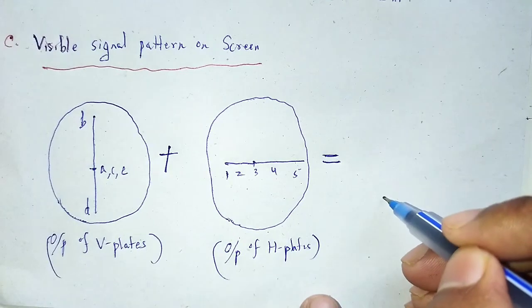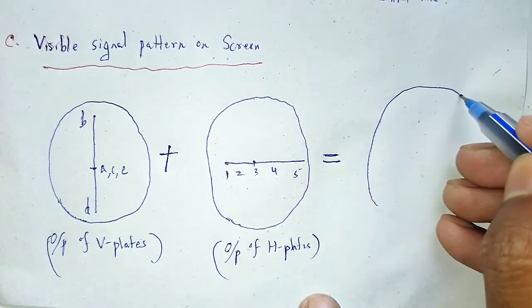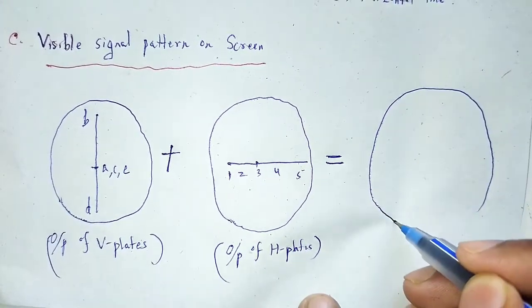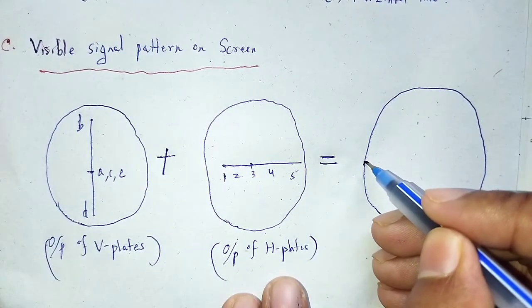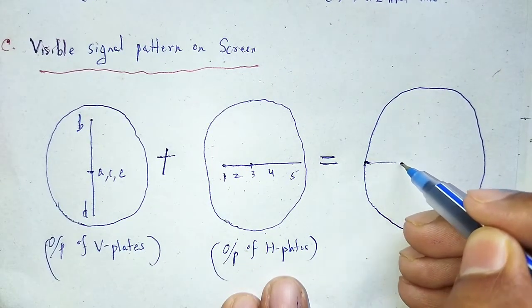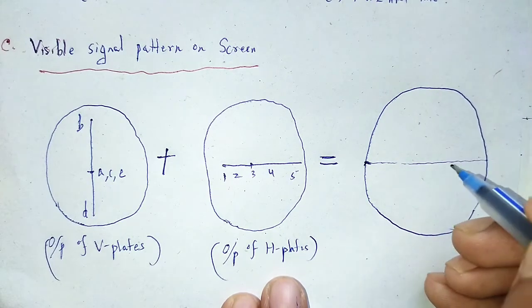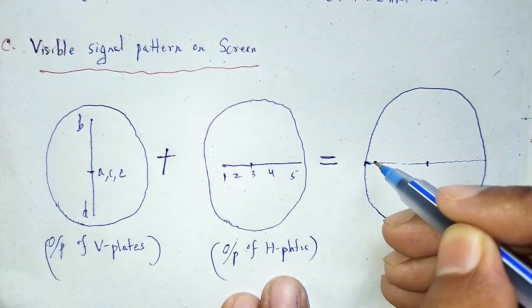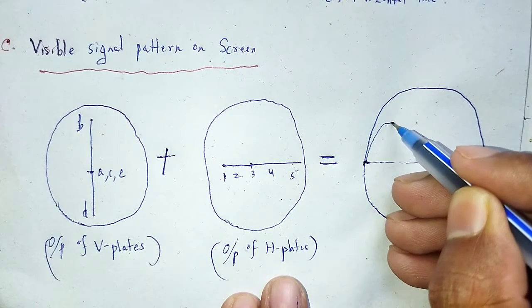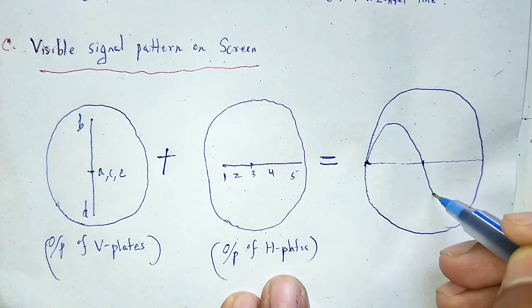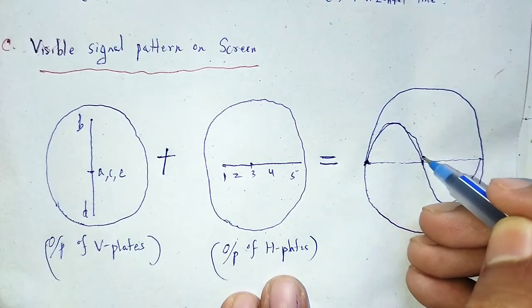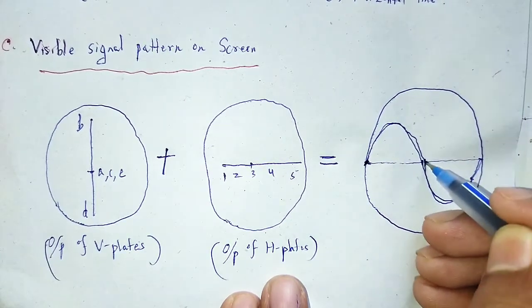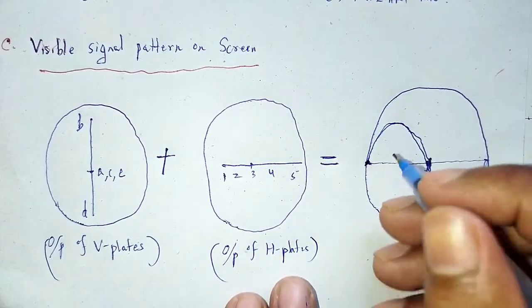we obtain the signal, just a sinusoidal wave. Here the time period is 4t.